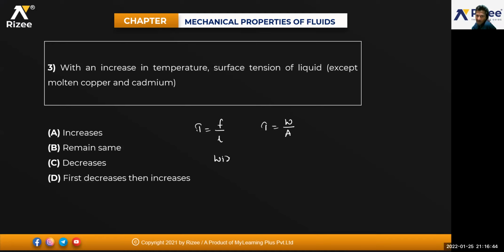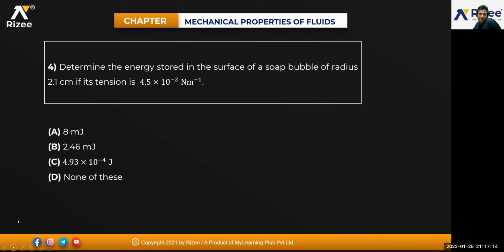So I can write here, with increase in temperature, surface area increases. If surface area is increasing, it is inversely proportional, so surface tension decreases. So with increase in temperature, the surface tension of a liquid, except molten copper and cadmium, will be decreasing. Sure. Next question.